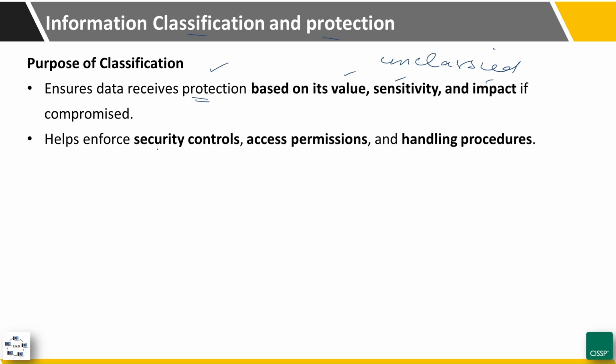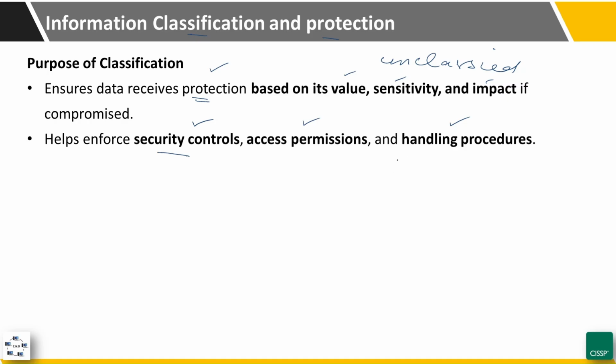So this helps security controls. We apply security controls accordingly based on data value, sensitivity, and impact. Similarly, we apply access permission as per the classification, as well as handling procedures. Handling procedure, as we studied in the last slide: let's suppose we are storing the data.